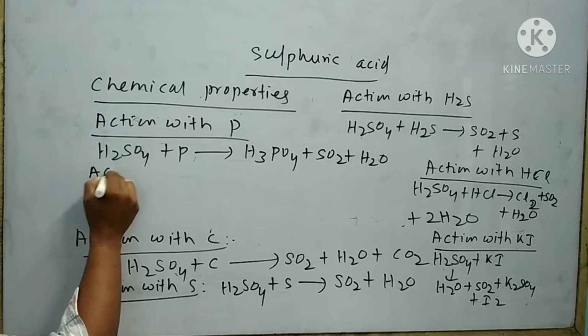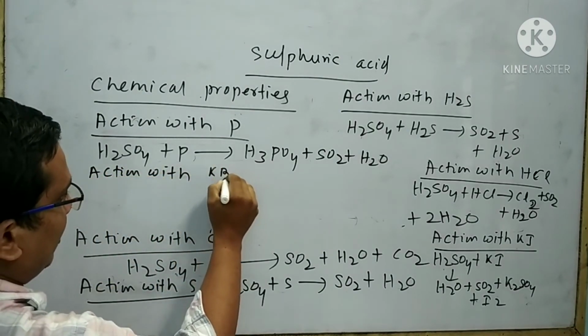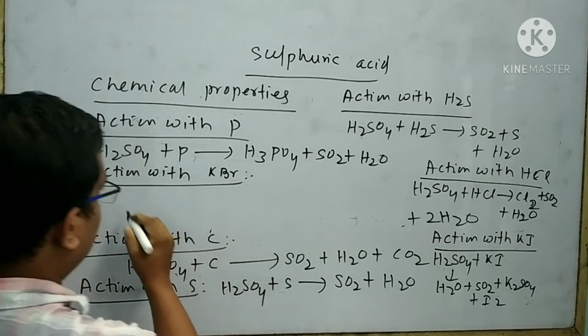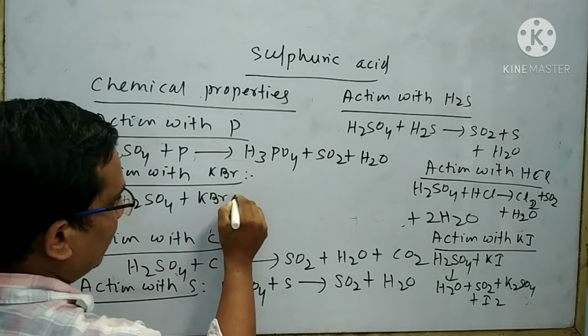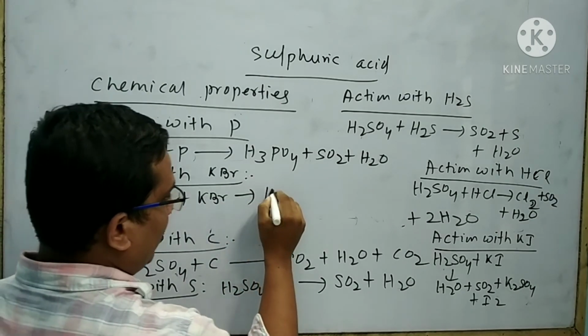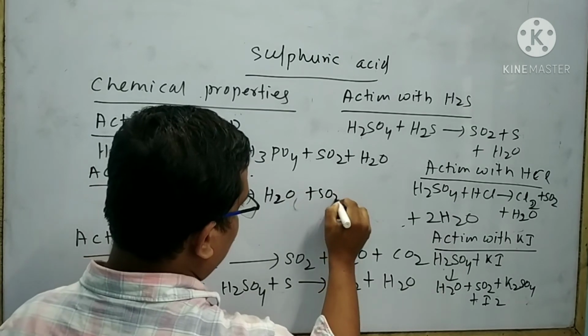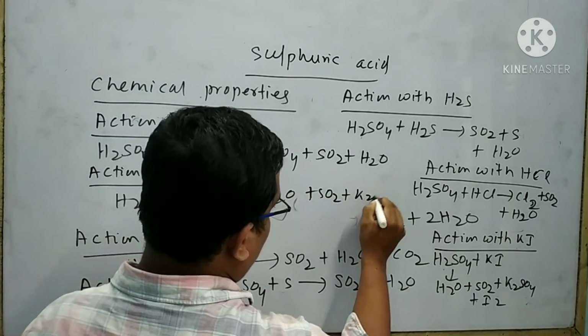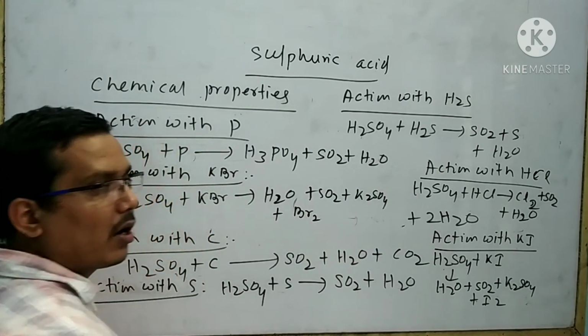Next reaction is the action with KBr. When sulfuric acid is subjected to reaction with KBr, then water, sulfur dioxide, K2SO4 and bromine are formed.